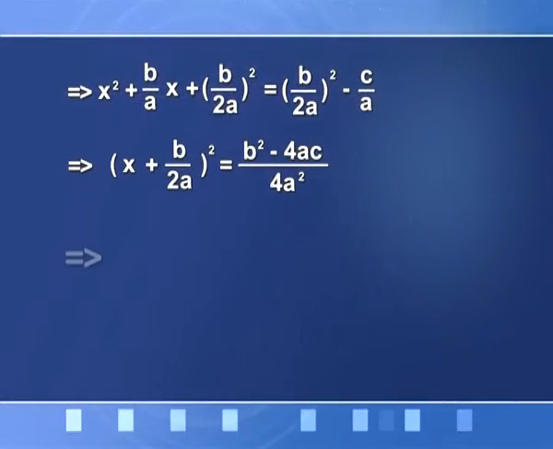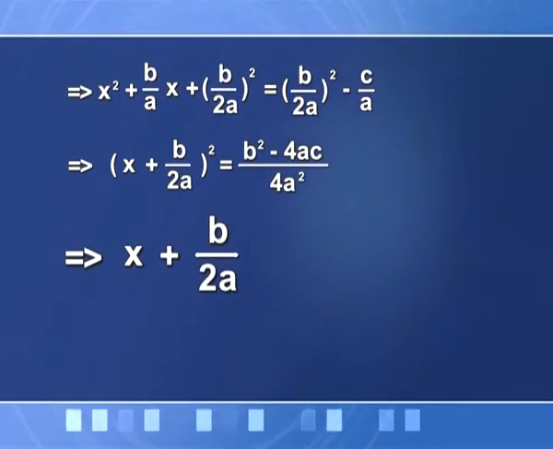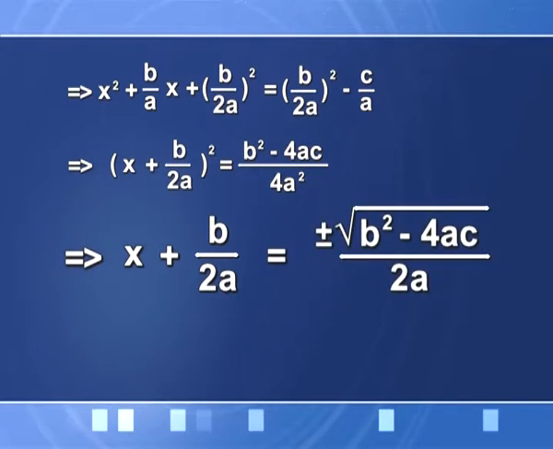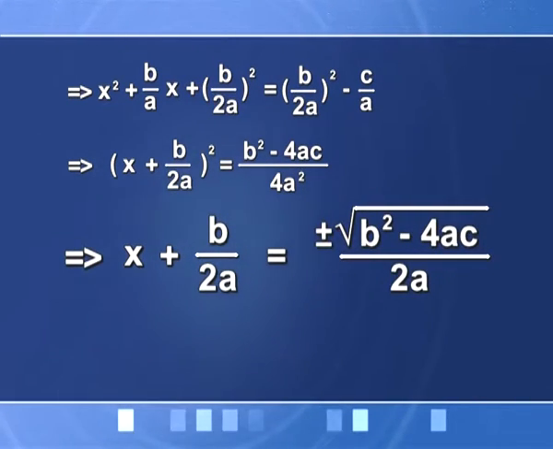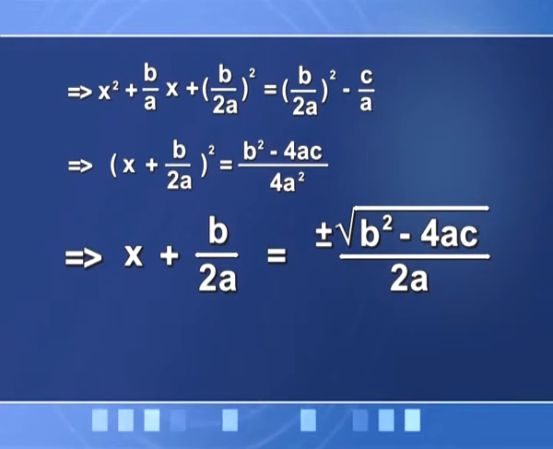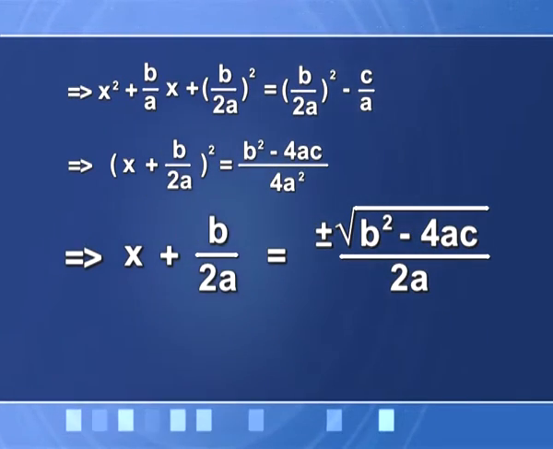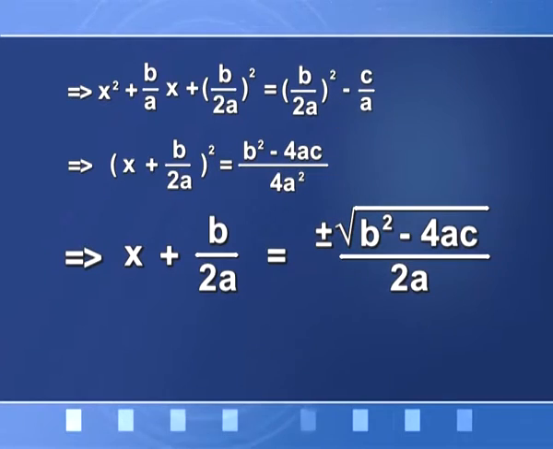If I take the square root, I will get x + b/2a = ± √(b² - 4ac)/2a, plus minus because the square root of any quantity is always written as plus minus unless otherwise instructed. Here, because we are talking about all the roots, we have to take plus as well as minus.